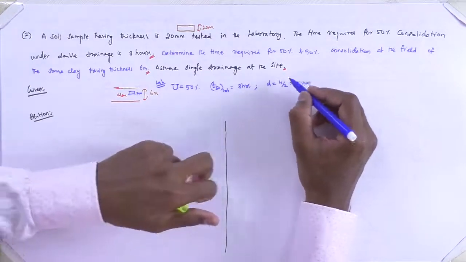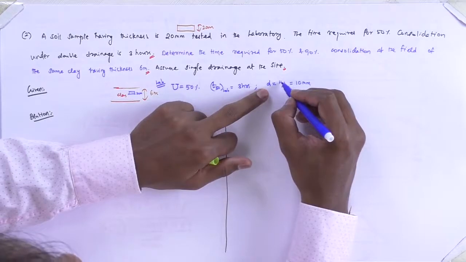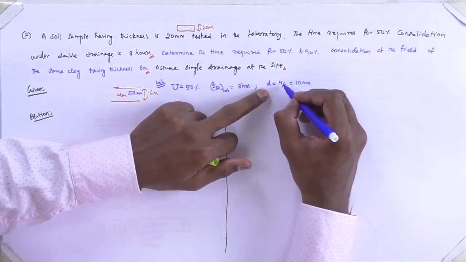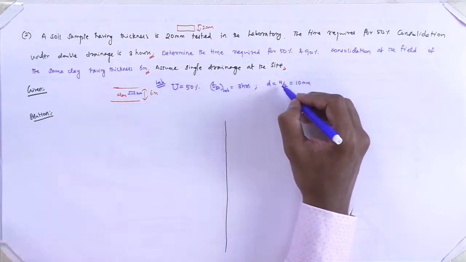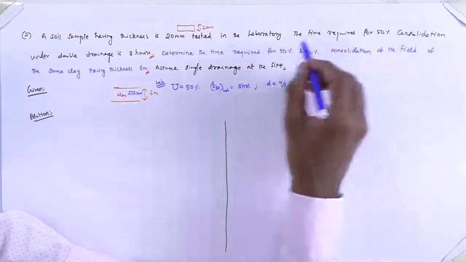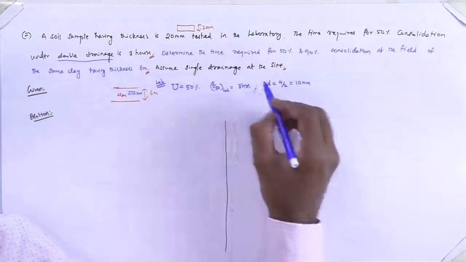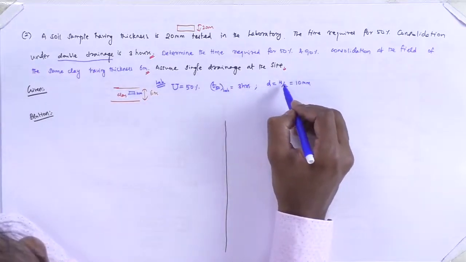The drainage path refers to how much effective drainage length is required to release the water. So H by 2 in case of double drainage, as they have mentioned double drainage, so d has to be taken as H by 2, 10 mm.